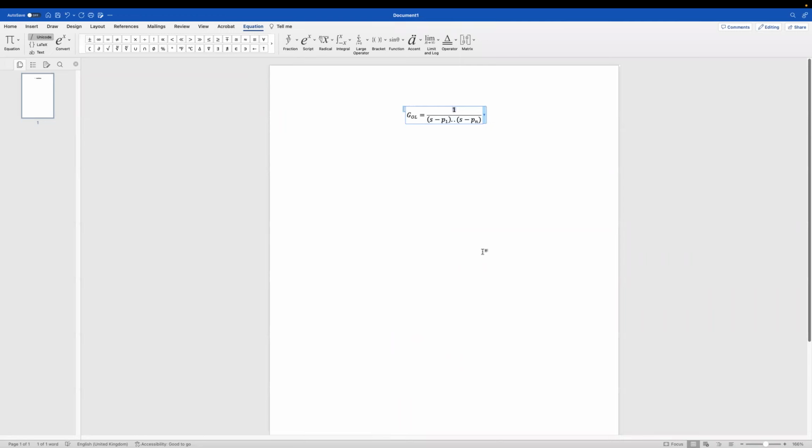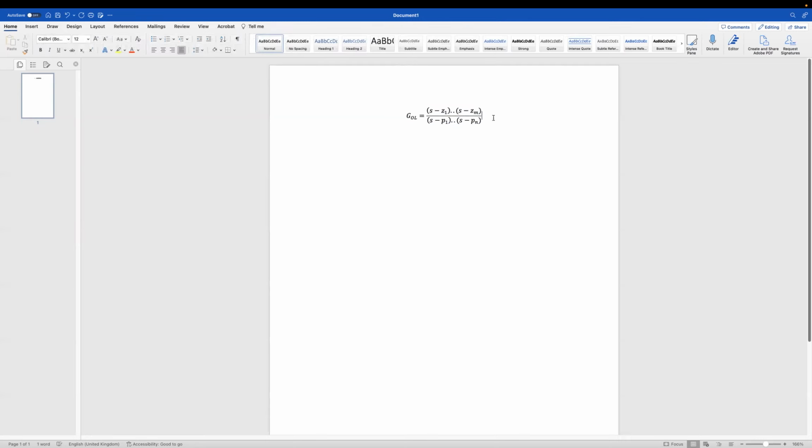So we'll have S minus Z1 and any number of those down to M, so S minus Zm. This is the standard form that we can arrange our transfer functions into. So that's our open loop process.